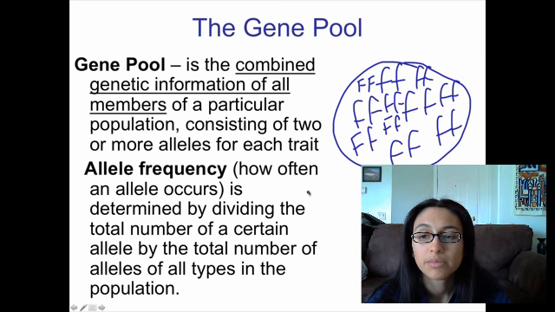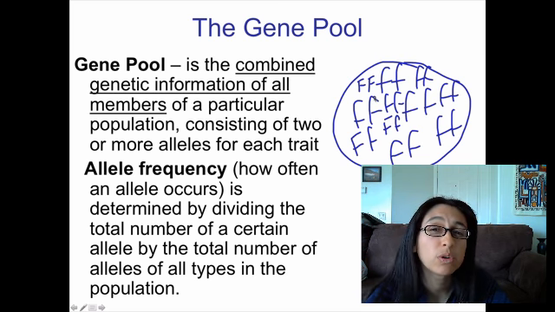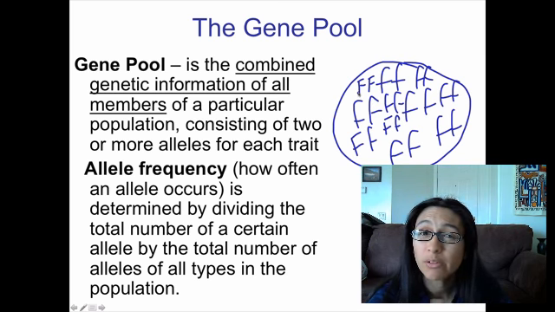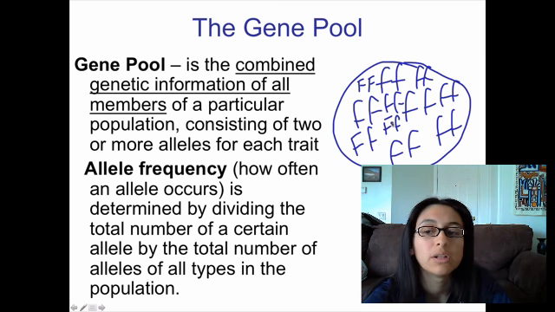The allele frequency for the no freckle allele is going to be much higher than the allele frequency for the freckle allele. So we'd expect to see more individuals with no freckles than with freckles, even though the freckle allele is dominant over the no freckle allele. So that's the gene pool, and the allele frequency is how often a particular allele occurs in a population.